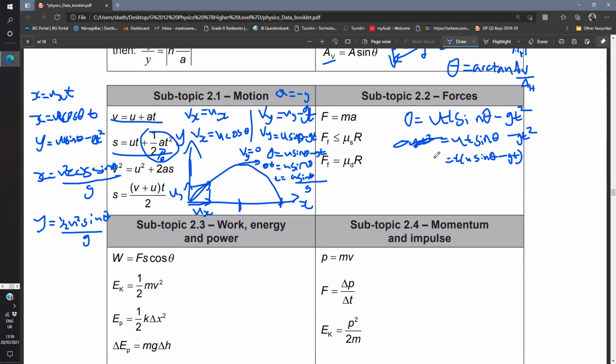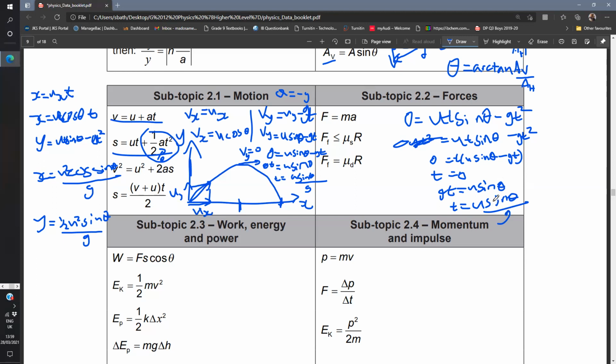So for one of them, t is going to be equal to 0, because we know that in the beginning, y is equal to 0, and thus t is equal to 0. And now we're interested in the second one, so half gt is equal to u sine theta, and t is equal to 2u sine theta over g.